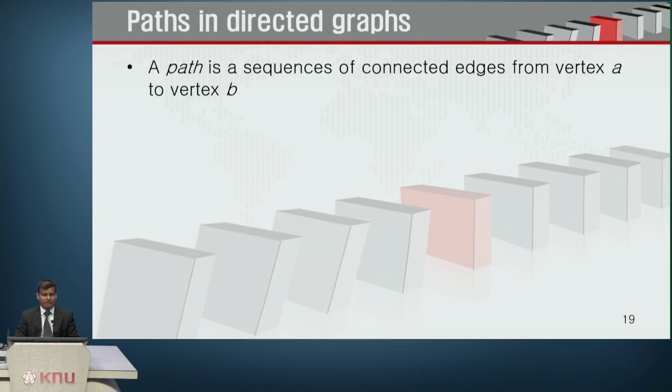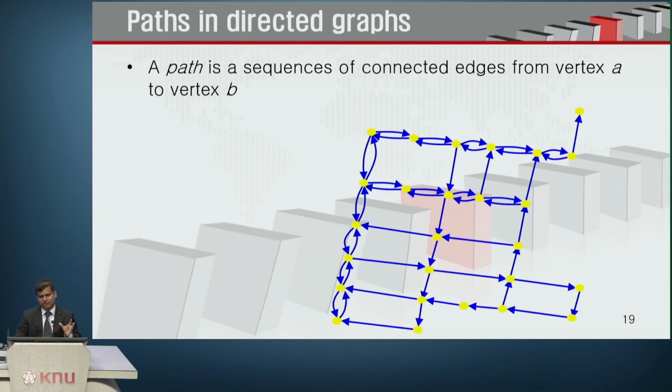Paths in a directed graph. A path is a sequence of connected edges from vertex A to vertex B. Here it is. You can think of a path, for example, starting from A to the end B, as the route you take from node to node in certain directions. So that is a sequence of connected edges, and it can go in many different directions.